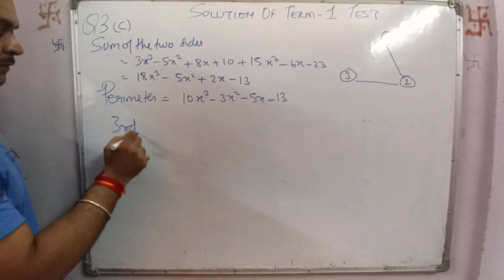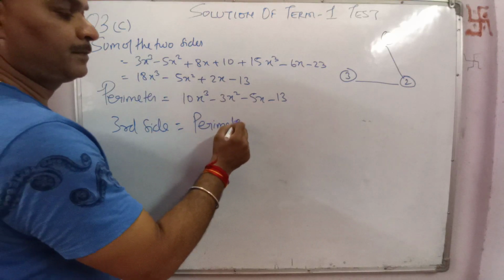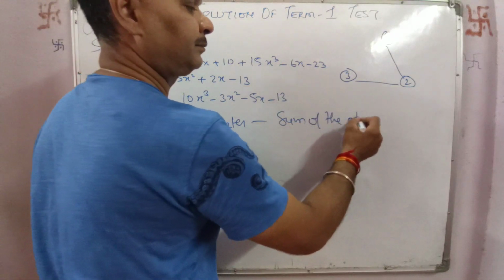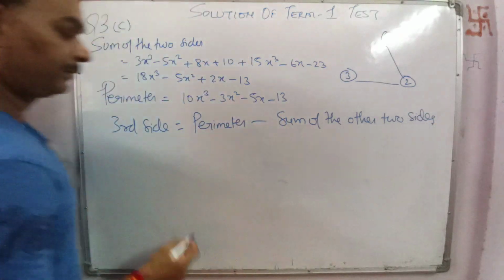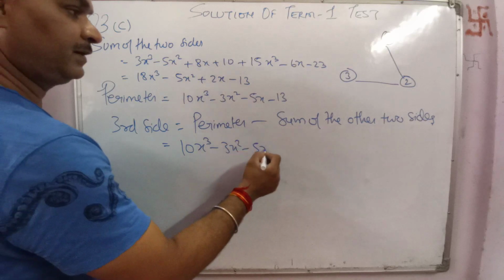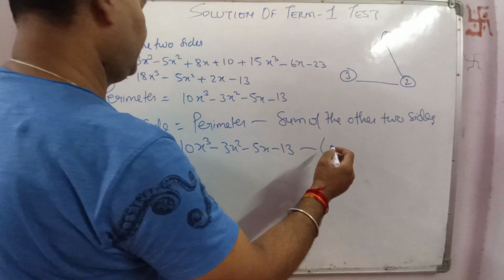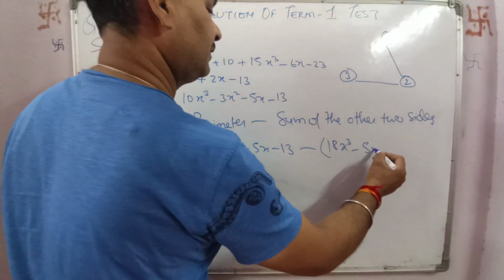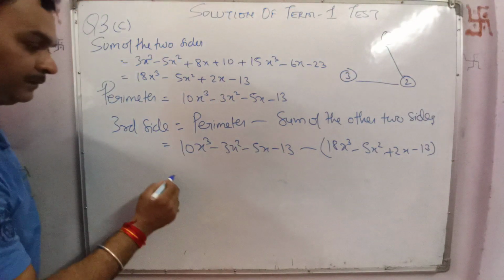So the measure of the third side will be what? Perimeter minus sum of the other 2 sides. Now perimeter is 10x cube minus 3x square minus 5x minus 13, and the sum of the 2 sides we will keep in a bracket, minus (18x cube minus 5x square plus 2x minus 13).